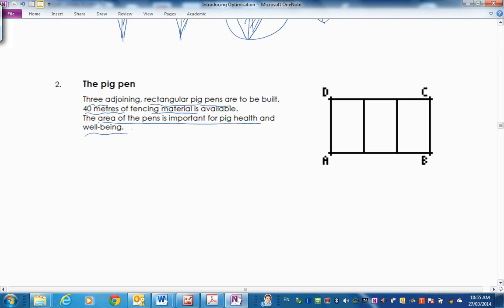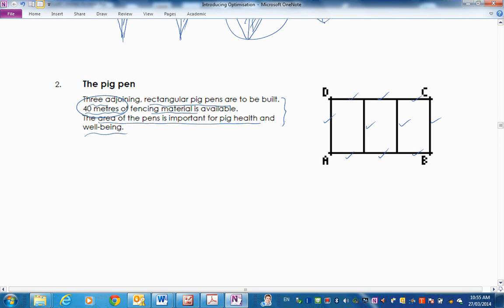So again we're going to be looking at area. You get the picture. So we've got 40 metres to make all these divisions, all of them. They've all got to be wired up. Okay, there's the problem. Notice what I've been doing, underlining stuff there, that's important. And we've got a nice diagram as well, so that's useful.